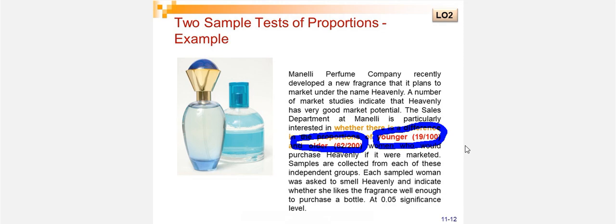Samples are collected from each of these independent groups. Each sample woman was asked to smell Heavenly and indicate whether she likes the fragrance well enough to purchase a bottle. Use the 0.05 significance level.